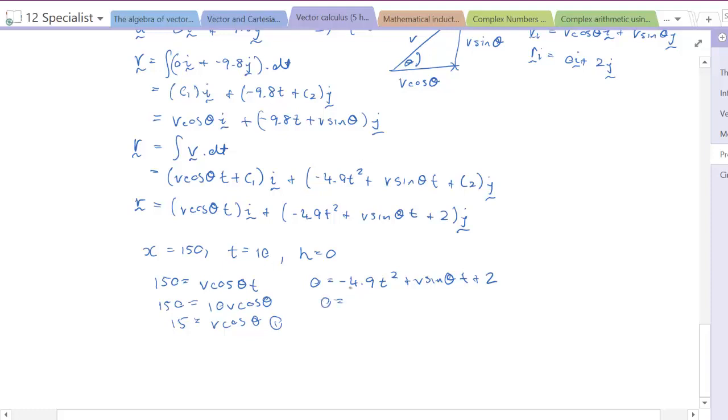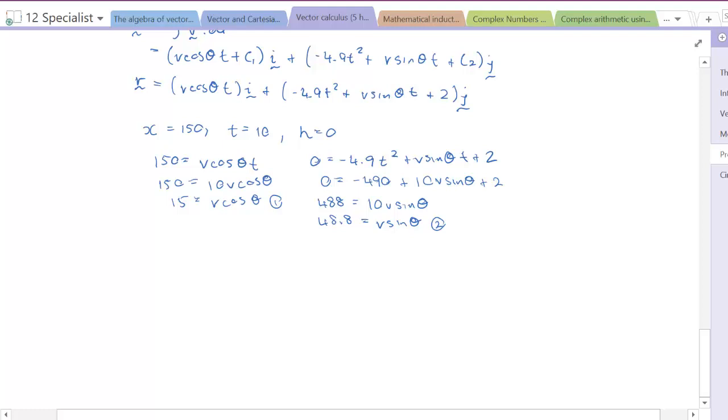We get 0 is equal to negative 4.9 times 10 squared, so times 100 gives us negative 490, plus 10v sin theta plus 2, and when we combine that and then add across, we get 488 is equal to 10v sin theta. Now if we divide by 10, we get 48.8 is equal to v sin theta for a second equation.